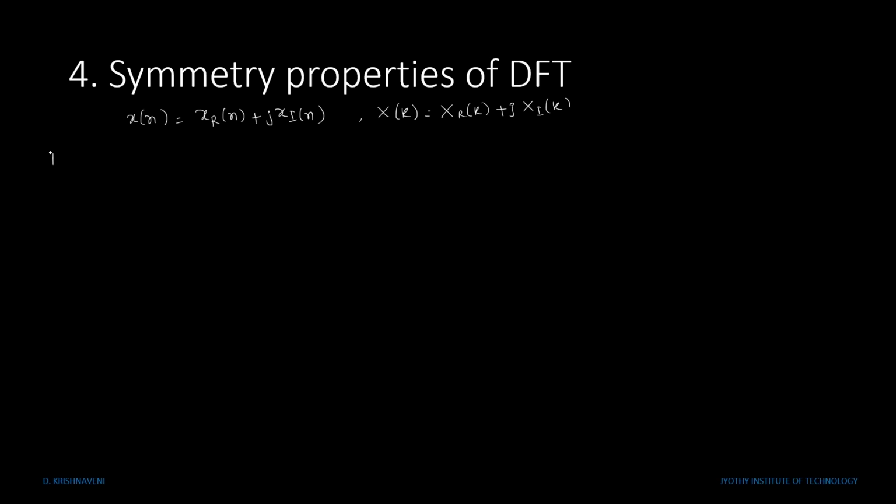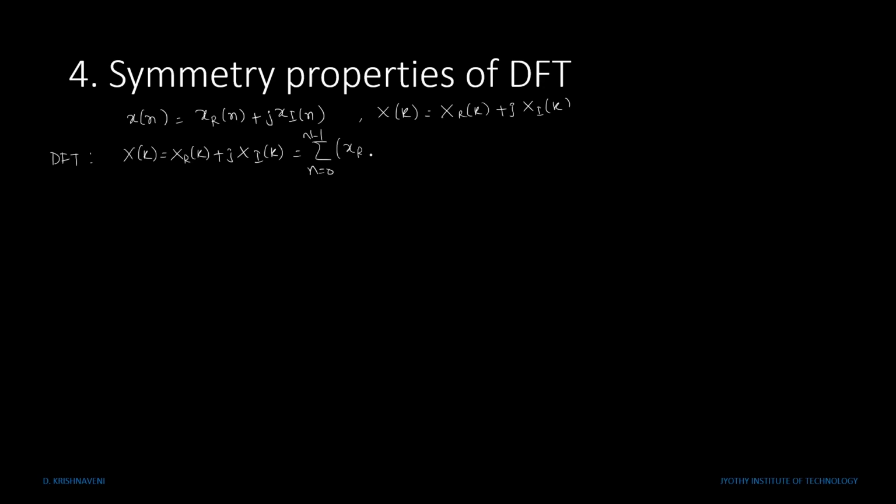Now when you take the DFT formula, x of k, which is xr of k plus j xi of k, is given by summation n equal to 0 to N minus 1 of x of n.